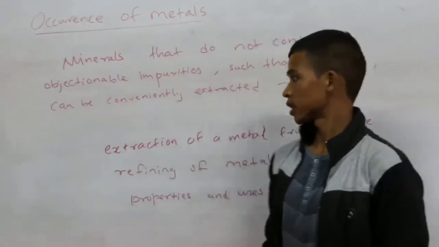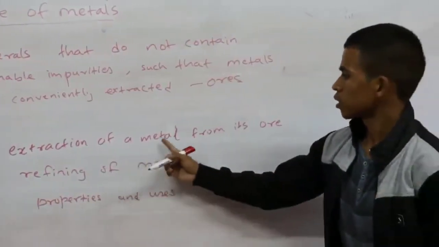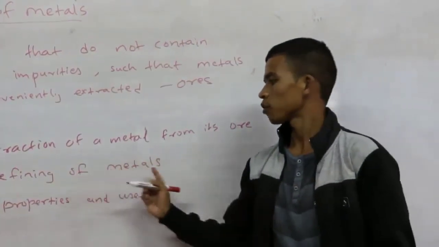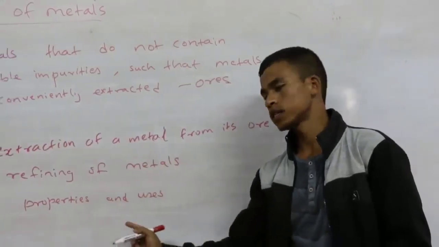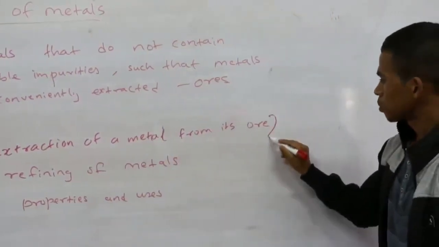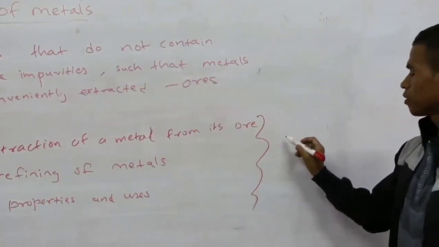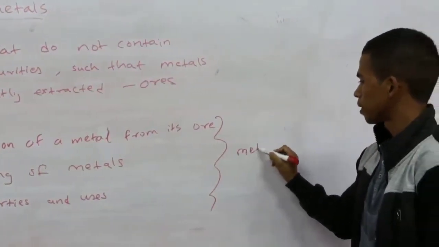All the various processes involved in the extraction of a metal from its ore, refining of metals, and the study of the properties and the uses, all of these processes are collectively called metallurgy.